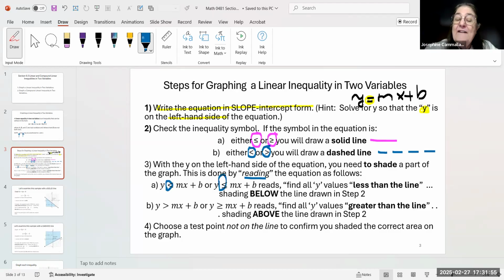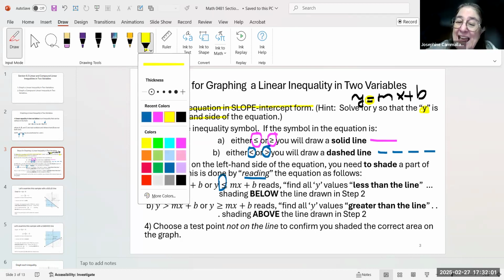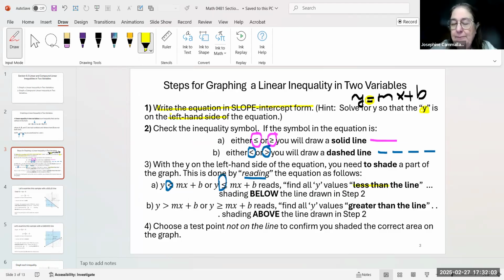This is saying find all y values less than the line. So if you want to find where to shade, you want y values less than the line. Or sometimes we call it below. Or it could be to the left, depending on how we draw the equation.